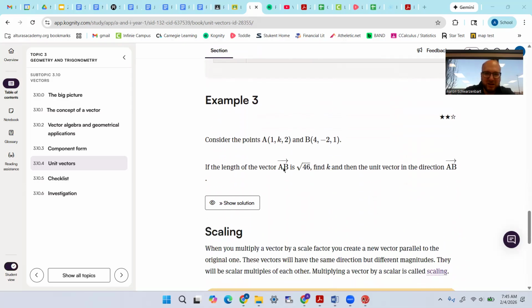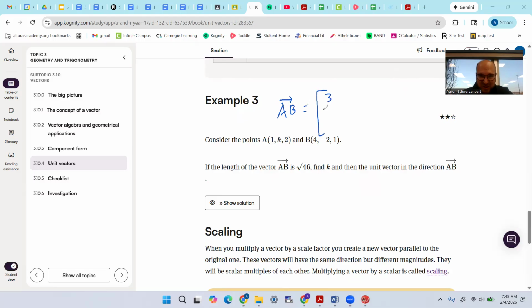So looking at another one, consider the points A1K2, B4, -2, 1. The length of the vector is square root of 46, and find K, and then the unit vector in the direction of AB. So AB, let's just do it in this form.